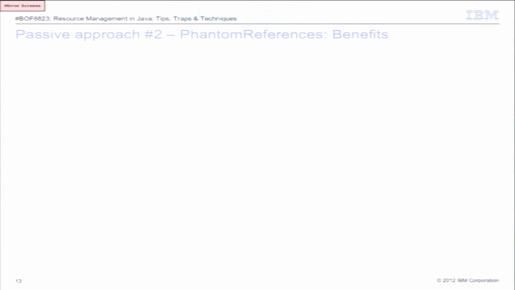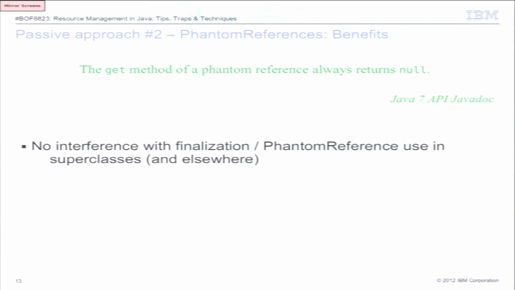However, there are benefits of using phantom references over finalization. I've already talked about this, but the benefit, as well as the pain, is that you can't get back a reference to the resource object from the reference object using the get method, and that makes the code safer and therefore easier to understand.